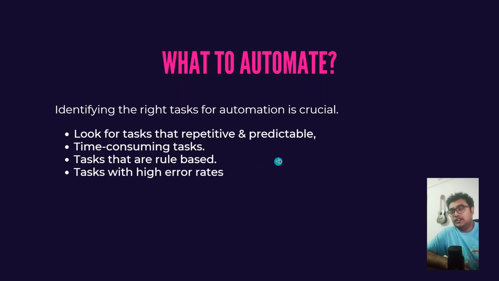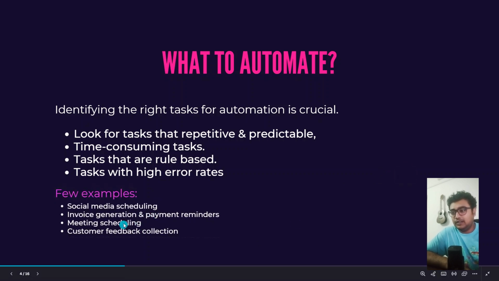You can always use automation. And anything with high error rates. Things like reports, where there tends to be a lot of human error, can be automated. Some examples are social media scheduling, invoice generation, payment reminders, meeting scheduling, and customer feedback collection. So I think that covers it all.